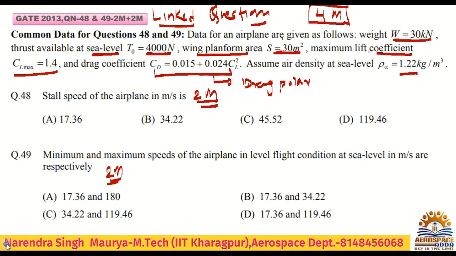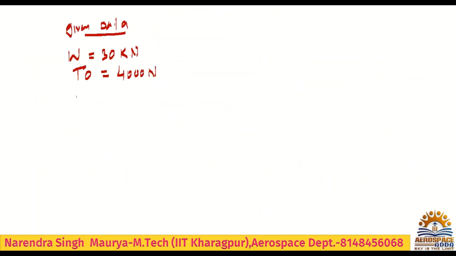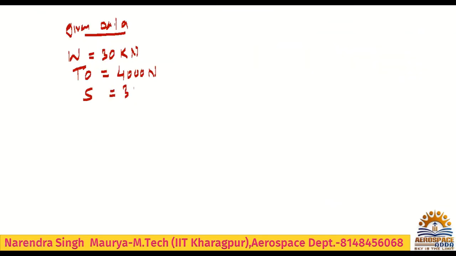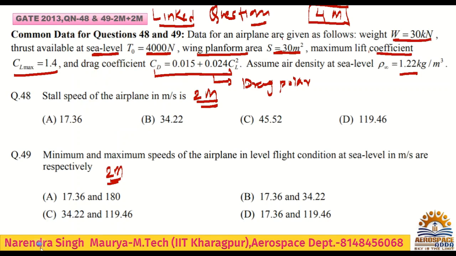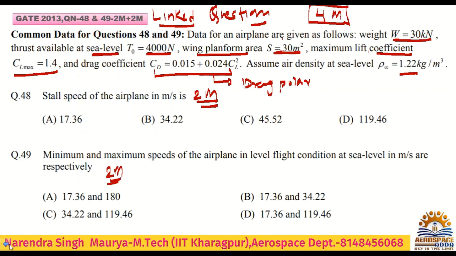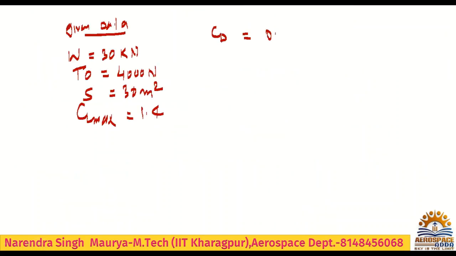Area is 30 meters square, and CL max is 1.4. CD, which is called drag polar, is given as 0.015 plus 0.024 CL square.